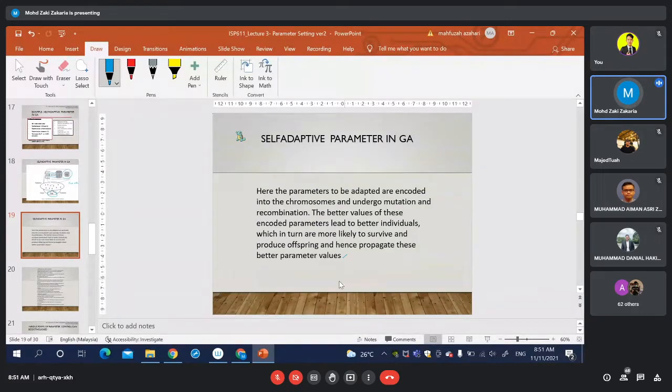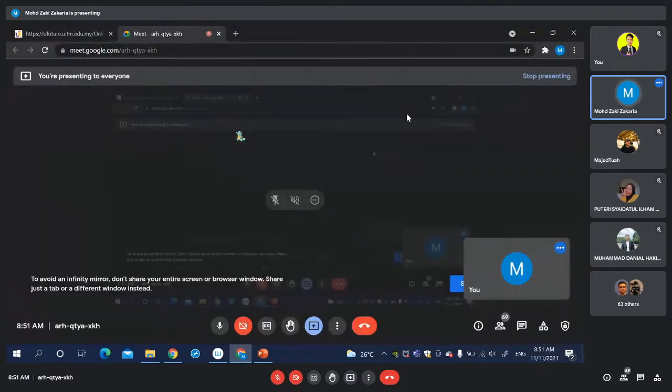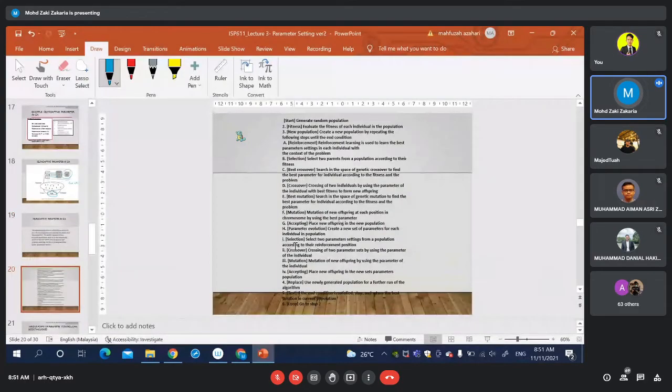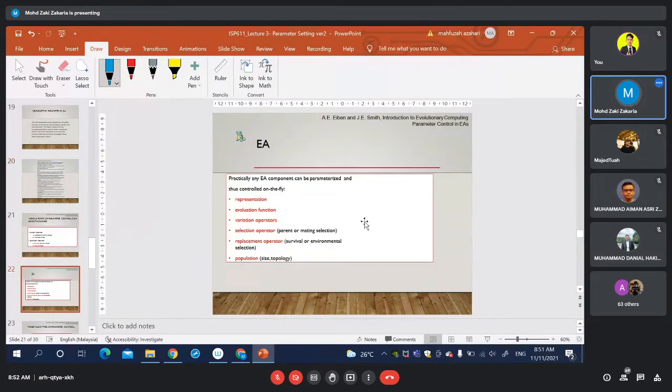The program will analyze the result, then summarize for us, then show the best result. And this is the algorithm for self-adaptive learning.